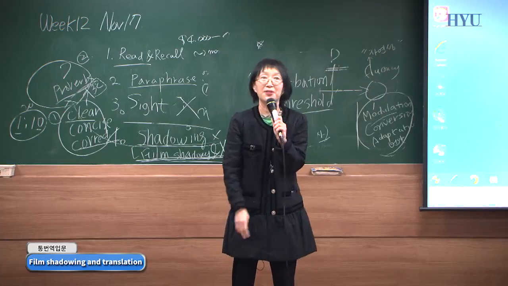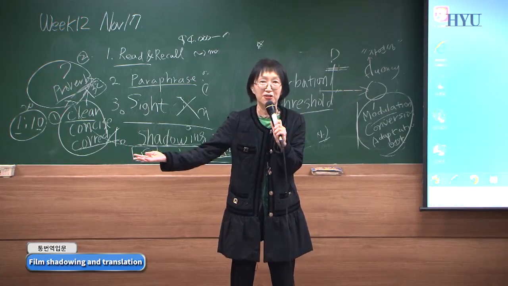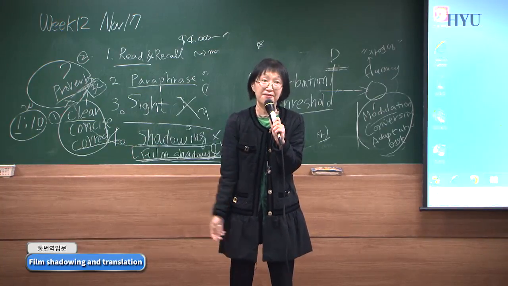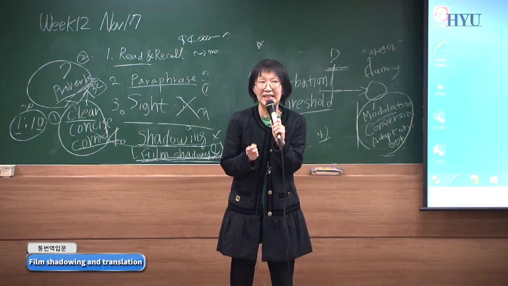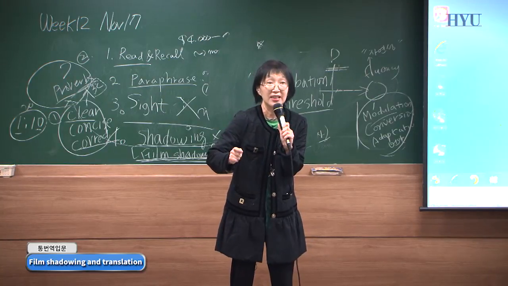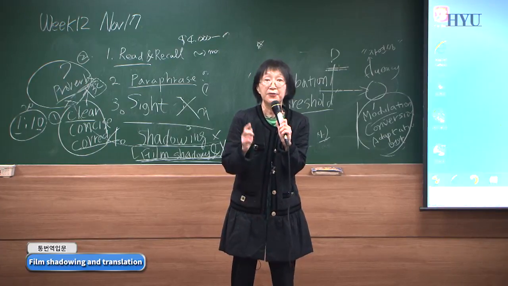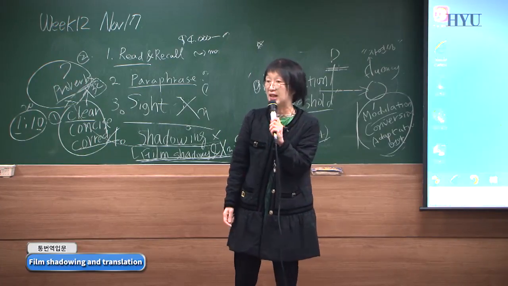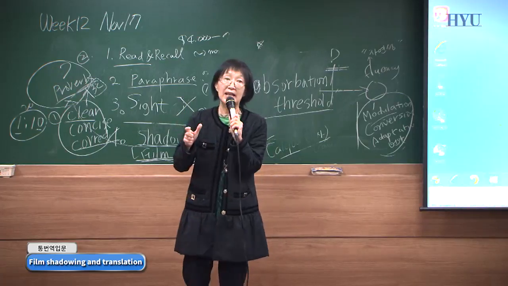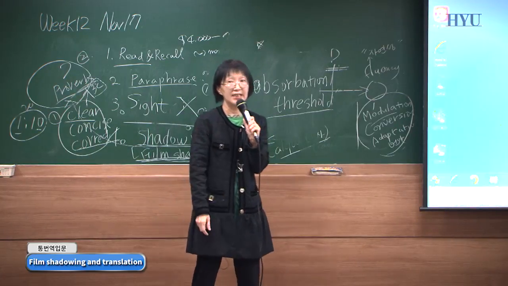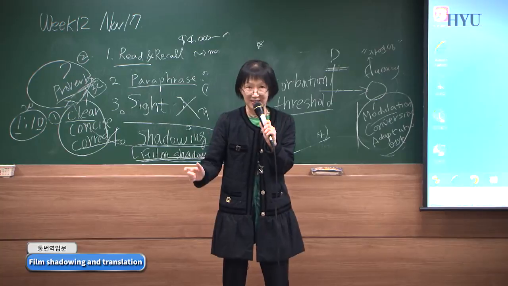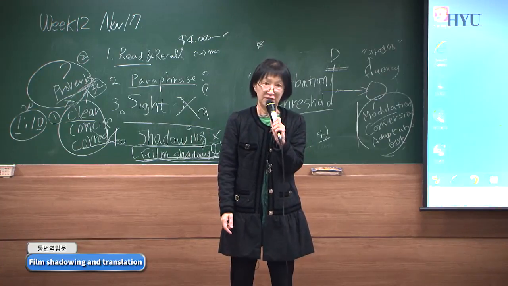So today we are going to find out. Is their translation good enough, or is there anything we can change or improve? If you are a professional translator, you must find a way to be distinctive, different from the skills of amateur translators.